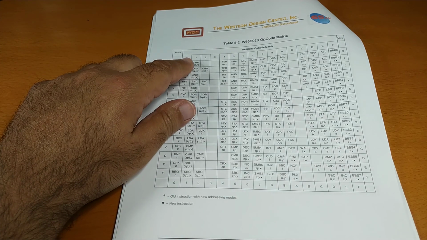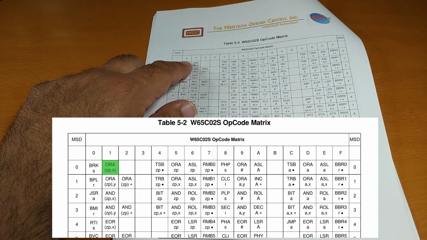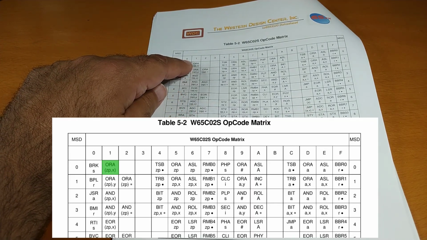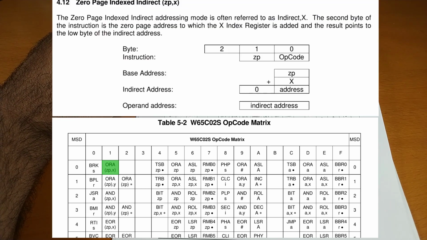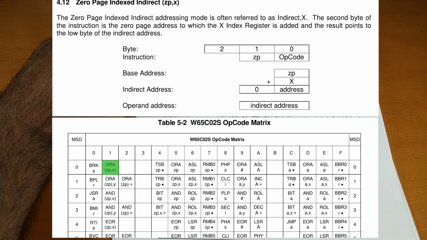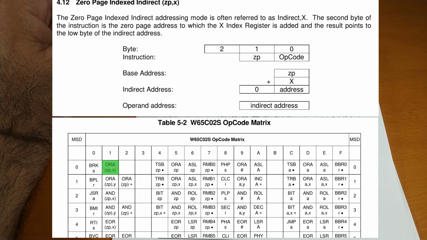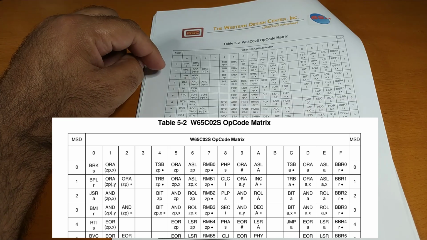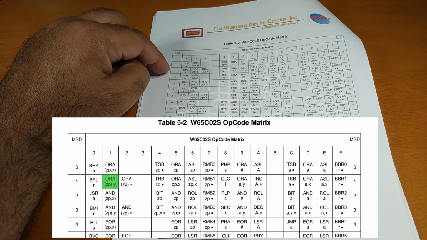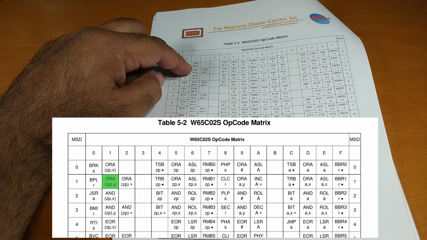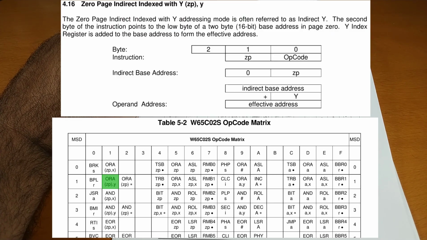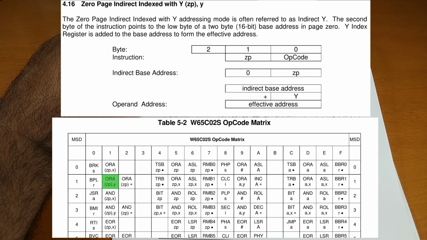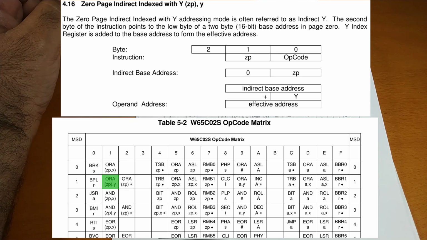So we see, for example, that opcode number 1 is ORA, which means OR the accumulator with an operand that comes from taking the zero page, adding X to it, and then using that as an address to where the actual number is. But then opcode 11 in hex is again ORA, but this time we take the zero page, treat that as an address, and then add Y to that address.